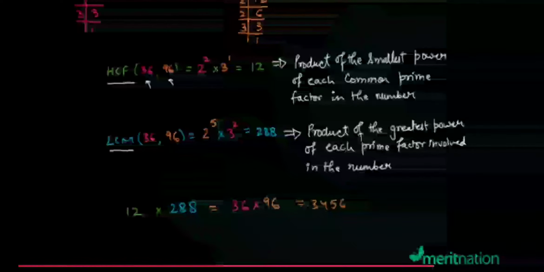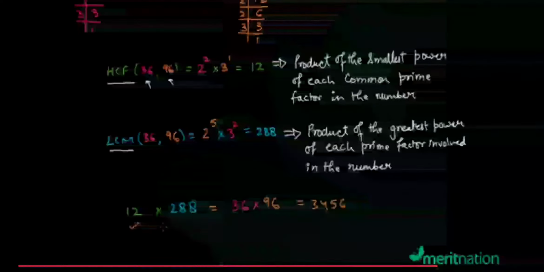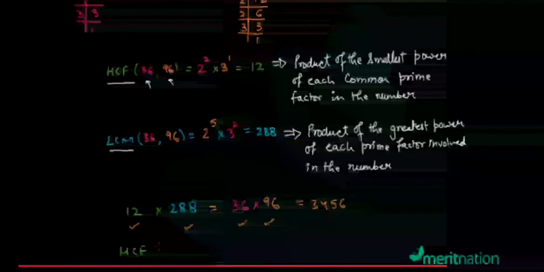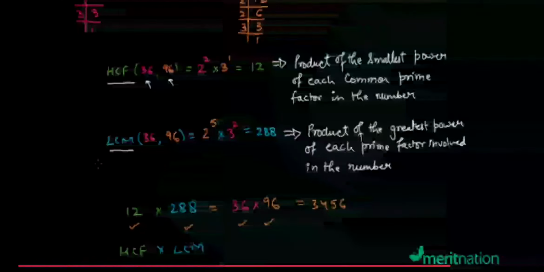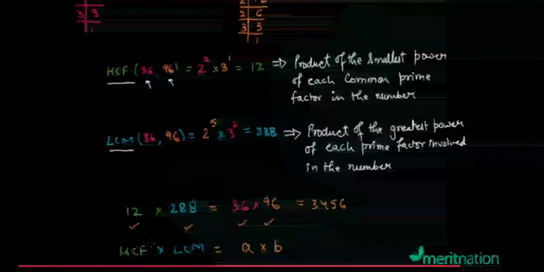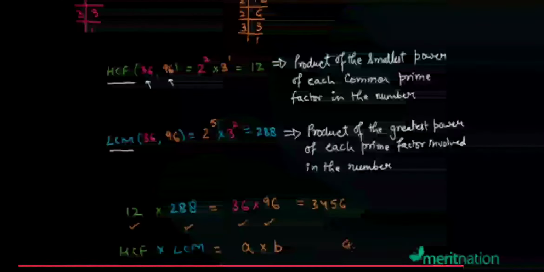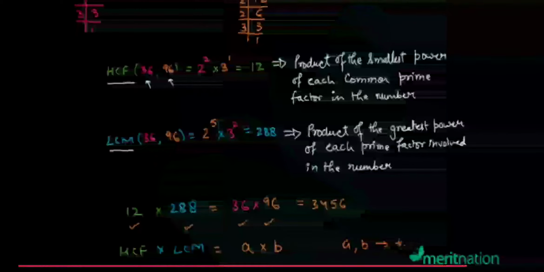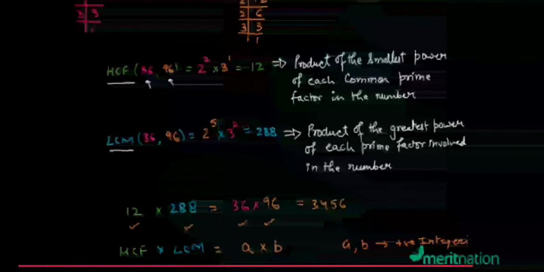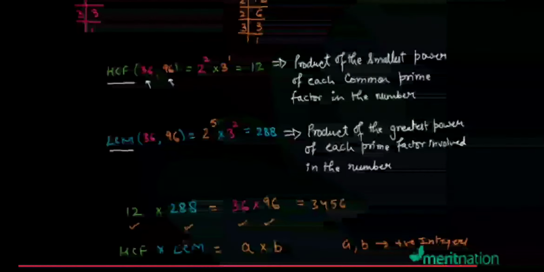Therefore, you can conclude one simple relationship between HCF, LCM and the given numbers: the HCF multiplied by the LCM will be equal to the product of the given two numbers. So if I'm taking the HCF and the LCM of A and B, where A and B are positive integers, remember this is an important part, then the product of HCF and LCM will also be equal to the product of the given numbers.